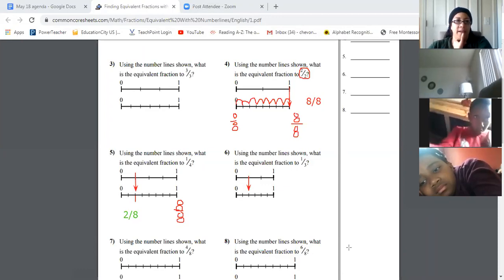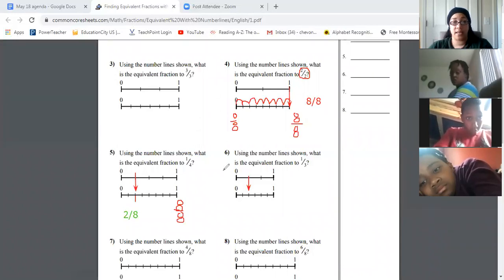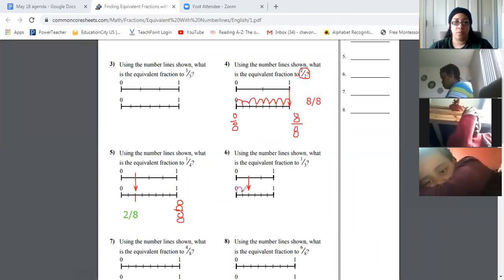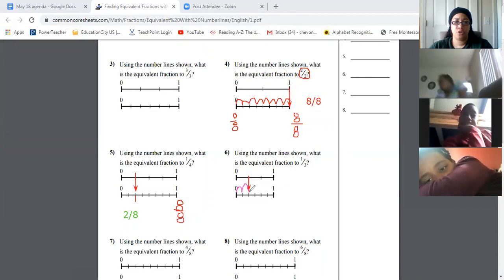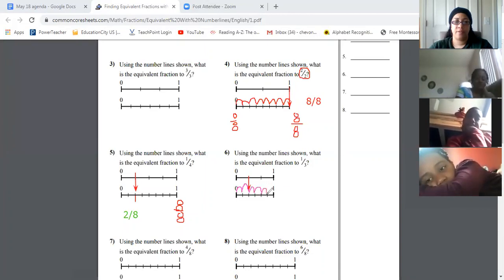Very good. Okay, so I'm getting everyone saying that my denominator is going to be 6. So let's see how many hops we're doing here. Change my color. 1, 2, 3, 4, 5, and 6, which means my denominator is going to be 6.